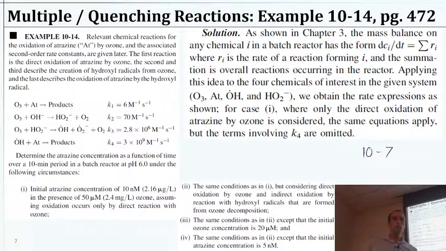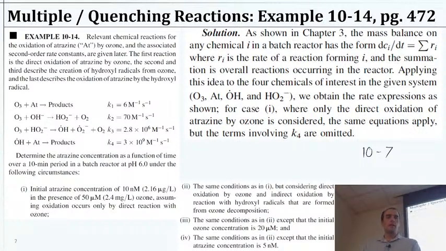Example 10-14 says: relevant chemical reactions for the oxidation of atrazine, abbreviated as AT, by ozone, and the associated second order rate constants are given later. The first reaction is the direct oxidation of atrazine by ozone.